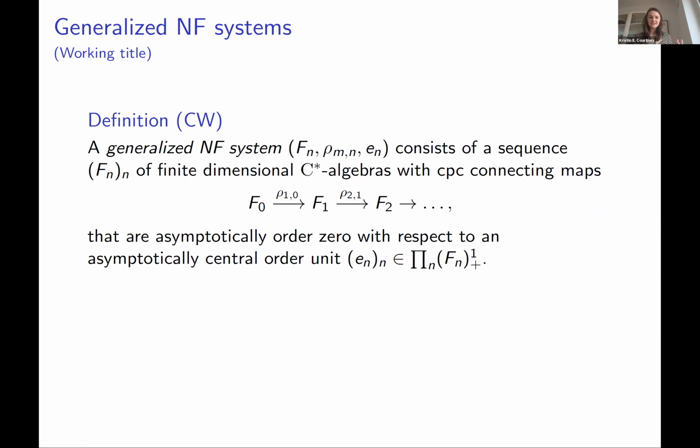So basically, this was built to encode those C-star criteria into the system that will guarantee that the limit X and its order unit E satisfy these C-star criteria, and we can build a C-star algebra. Now it's time to give an example.